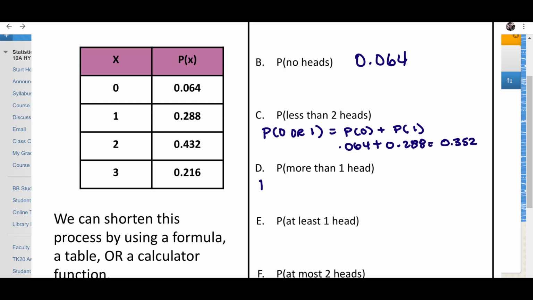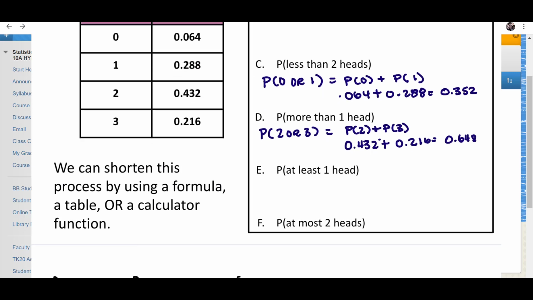So more than 1 doesn't include 1. It's the numbers greater than 1, so that's 2 or 3. So again, the word or is implied, so we have to add the probability of 2 with the probability of 3. And the probability of 2 is 0.432. And we're adding the probability of 3, which is 0.216. And for this one, we would get 0.648.